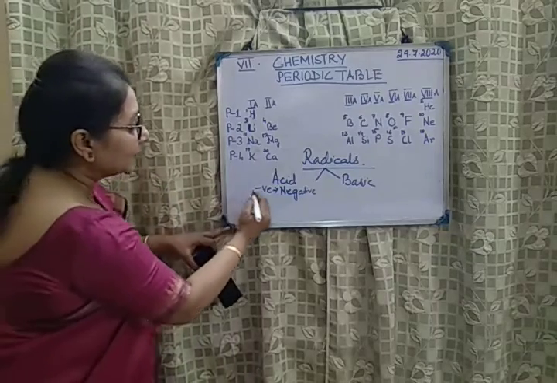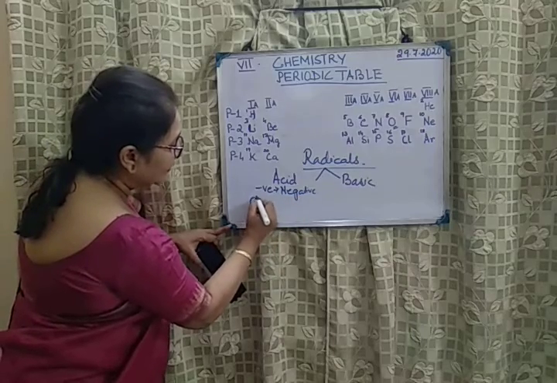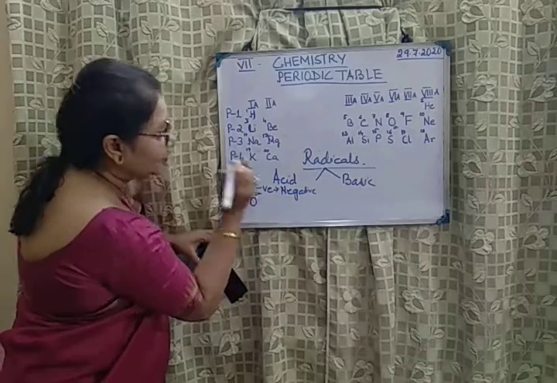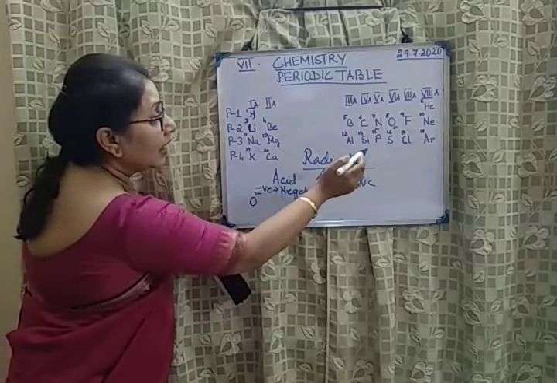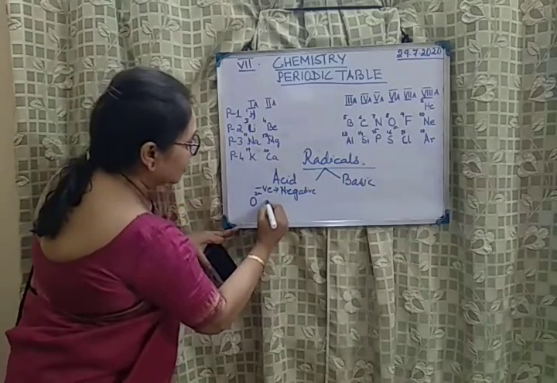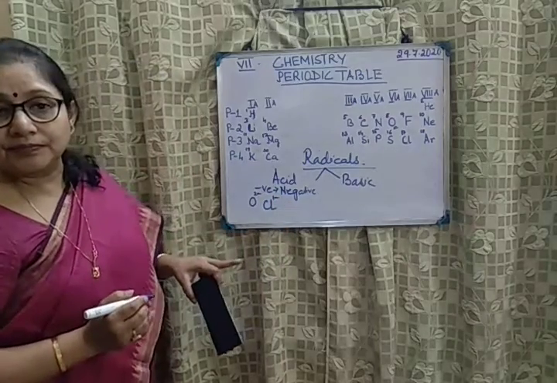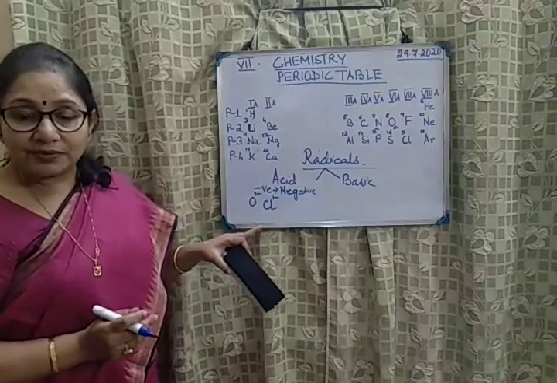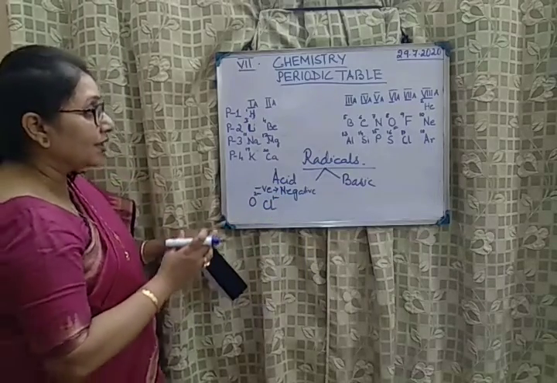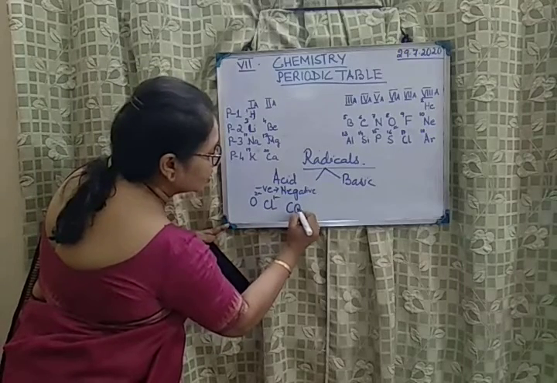Like if you consider oxygen, the oxide radical will carry a charge of 2 minus. If you consider the radical of chlorine, the chloride radical carries a charge of 1 minus. But if you consider a group of atoms of nonmetals behaving as a single unit, we can take carbon and oxygen.